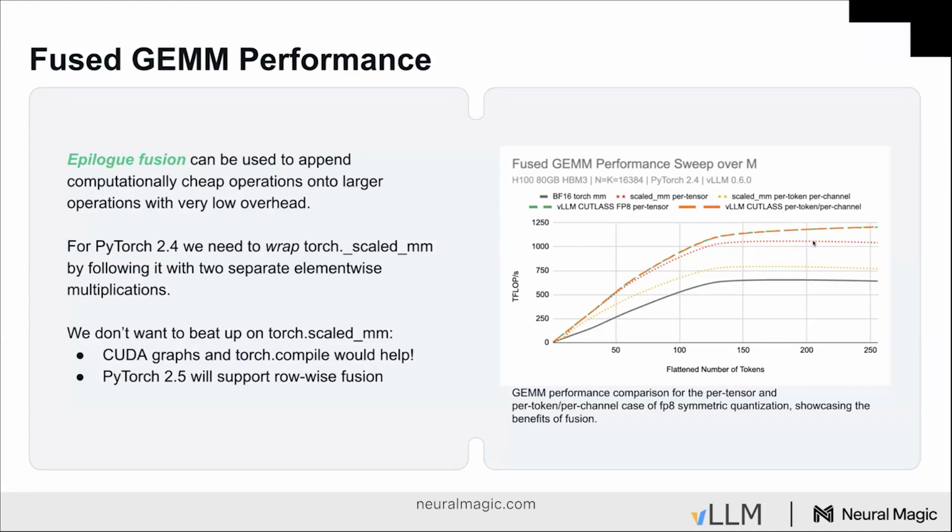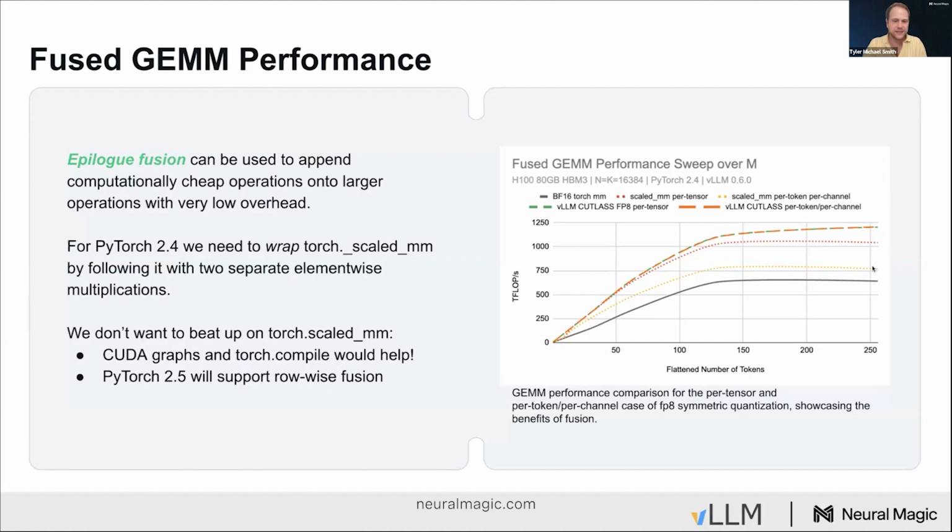Yes, thank you. In PyTorch 2.4, scaled.mm doesn't support the scales being vectors. They will in 2.5, but that's not out yet. So in 2.4, if you want to support per token per channel, you have to wrap the operation: do the gem and then post-process it afterwards with separate operations.